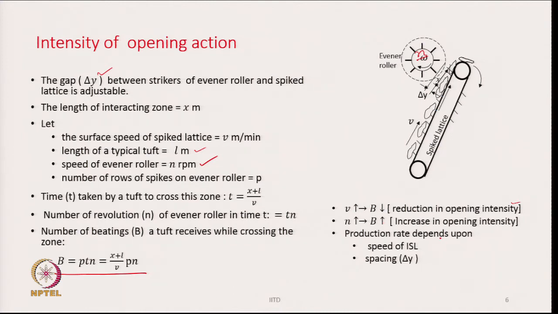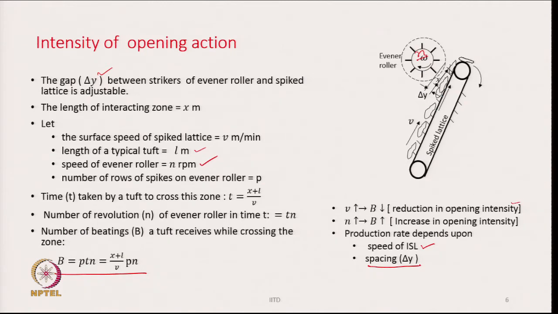So, the production rate in this case depends upon the speed of the ISL, the speed of the spike lattice, where I stands for inclined, and also depends upon the spacing, which is delta y. If we have a large space, large tufts will be able to pass through, and therefore, they will not be obstructed by the teeth of the Ebenard roller.